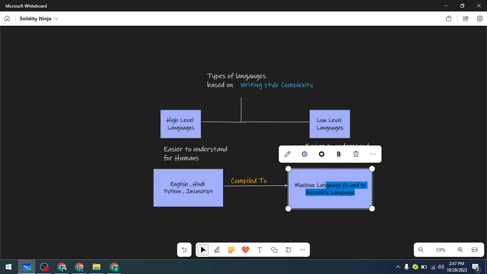I'm sure you have seen examples of these, but no worries, I will explain everything from scratch. Now, these high level languages are compiled down to low level languages so that they can be executed on the computer, because a computer only understands binary, 0 and 1.